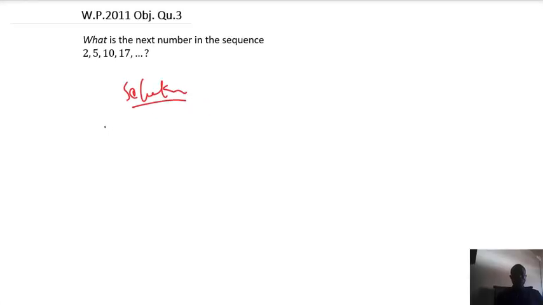So solution, we have our 2, we have our 5, we have our 10, we have our 17. So the next number is what we are going to look for. Okay, let's see some pattern here. When you check the difference between the first term and the second term, the difference is 3.